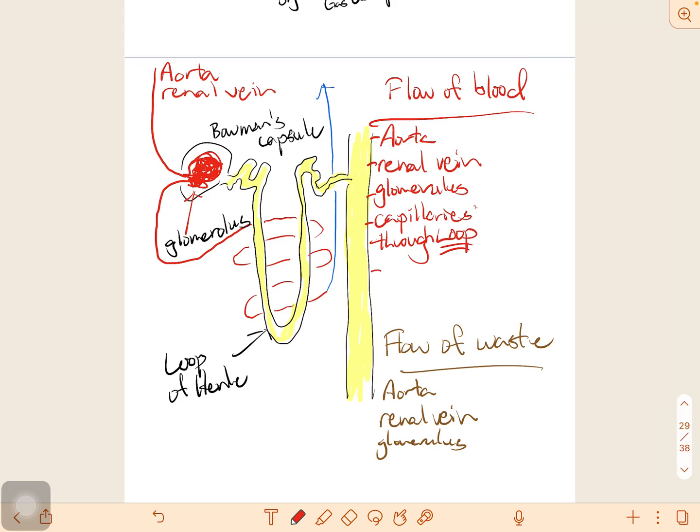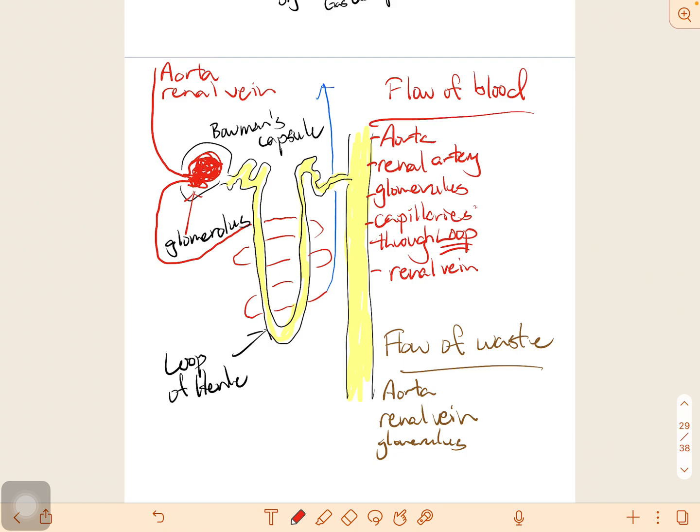And then it goes back out through the renal, oh, this is actually the renal vein. Sorry about that. This is the renal artery. Renal artery.